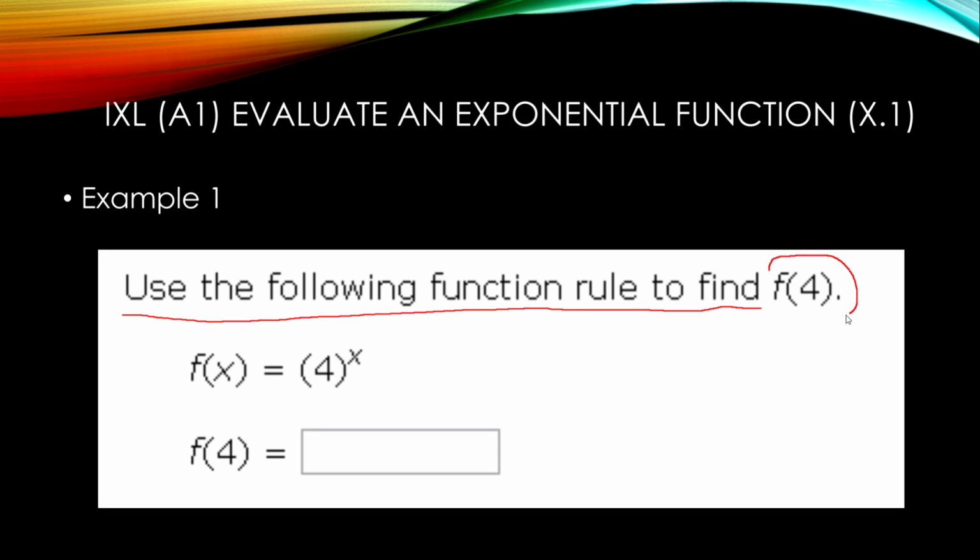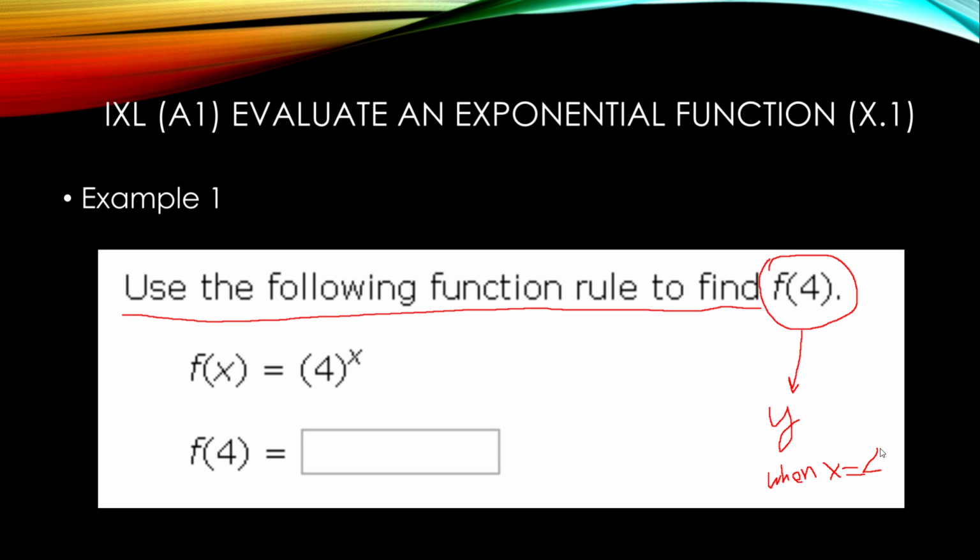So what we're trying to do is find something called f of 4, right? And all this f of 4 is, this is really just a y, the same thing as y, but it's y when x is 4.